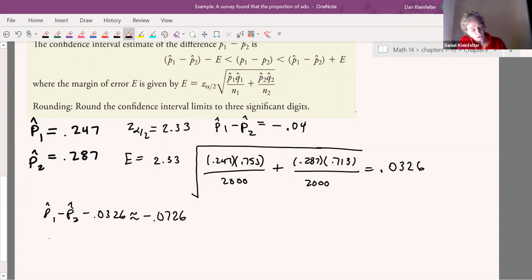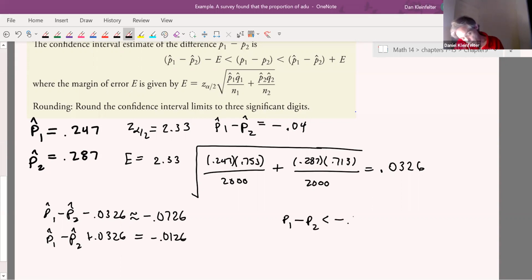Okay, and then we'll add that, and that'll be negative 0.0126. I think that seems okay. All right, so then that's our interval for the difference of our two proportions.